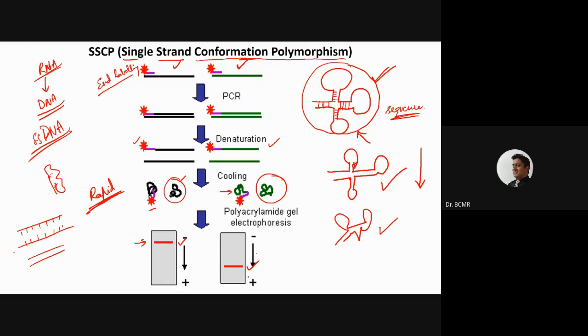So all you can say in this is there is a mutation. There is a difference between the sample A and sample B in terms of that part of the DNA. You cannot say more than that. You cannot say if there is a substitution or all these things. You can only say that there is some change.